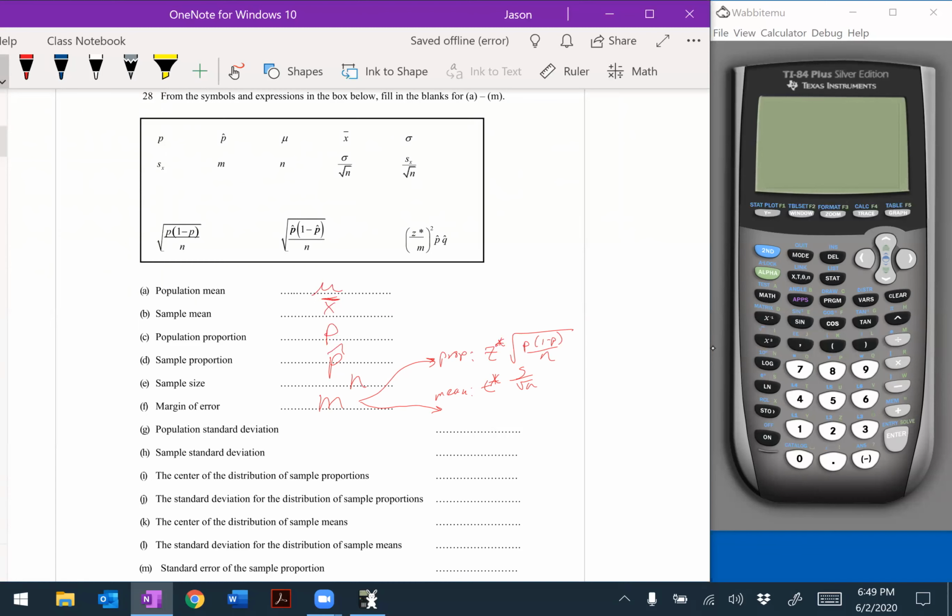Sometimes it'll be written as M.E. as well.